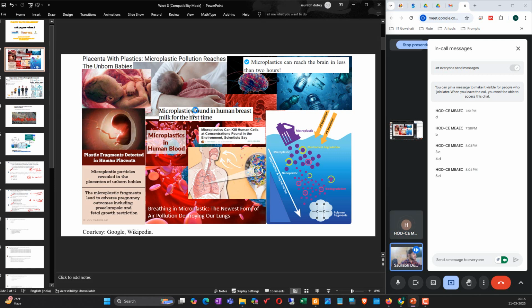There is also a recent report of a study on mice, which reported that these plastics are making their way to the brain. So it is crossing the blood-brain barrier.